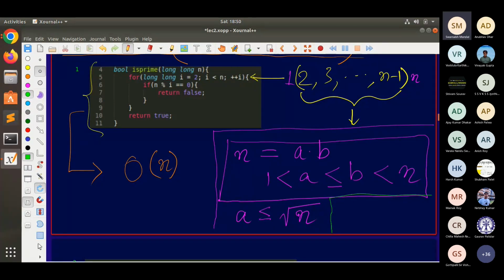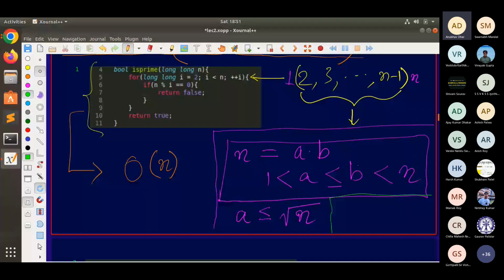So after that, if the factors are increased, then it will exceed n. That's perfect. So root n into root n is equal to n. And then since b is greater than or equal to a, root n must lie somewhere in between over here. So a must be less than or equal to root n and b must be greater than or equal to root n.